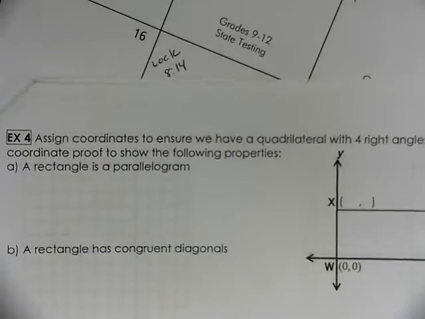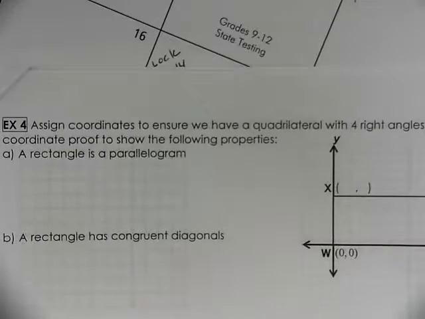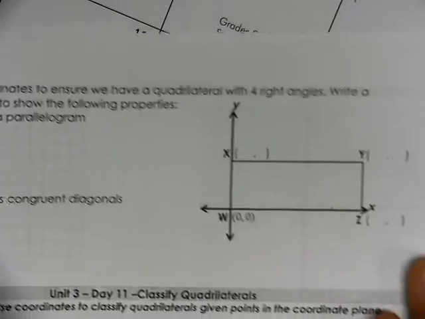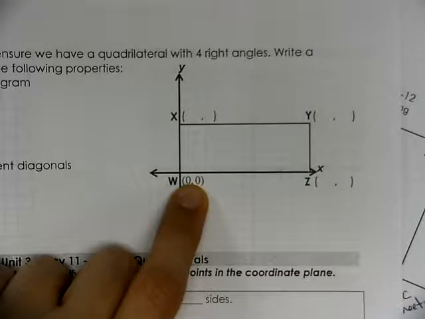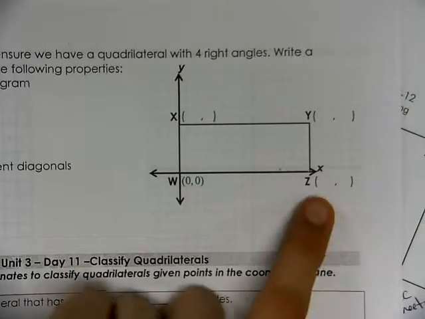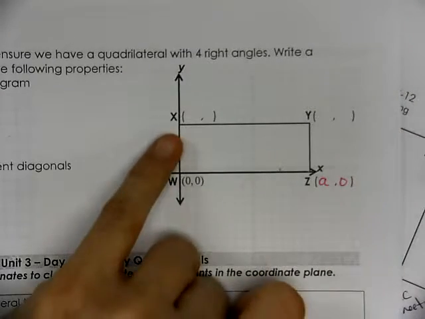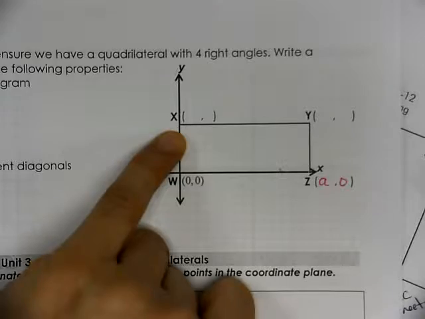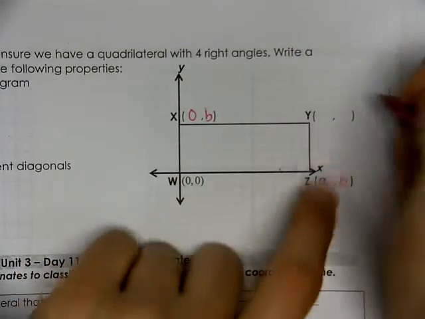Okay, now we're going to move on to a rectangle. So in my rectangle, I got 0, 0, A, 0. What's X? And what's Y?